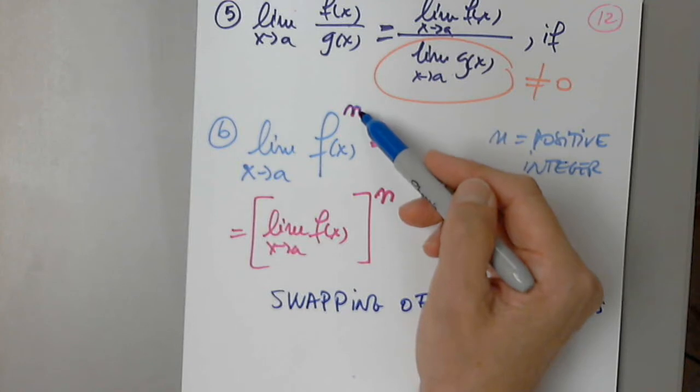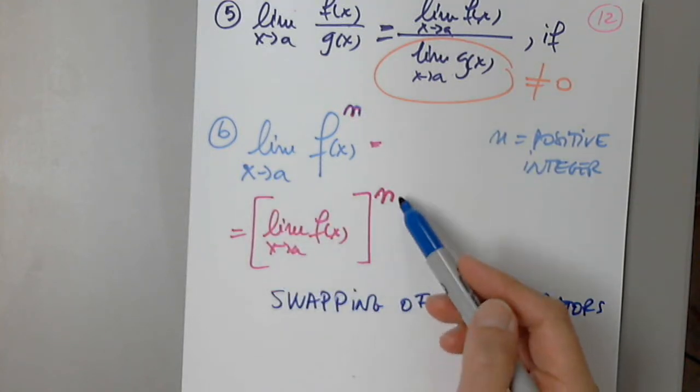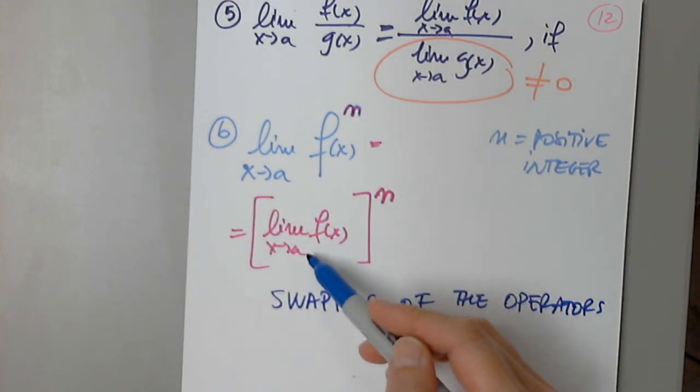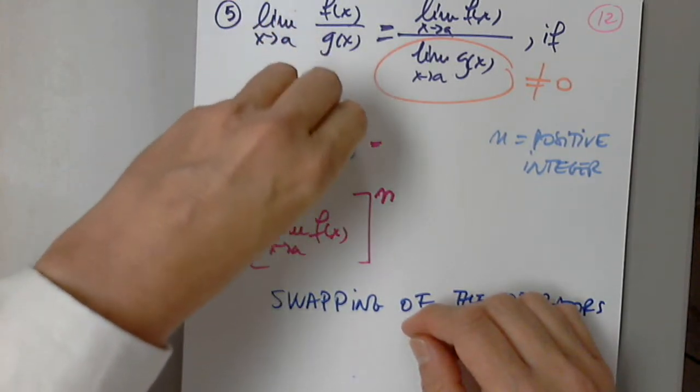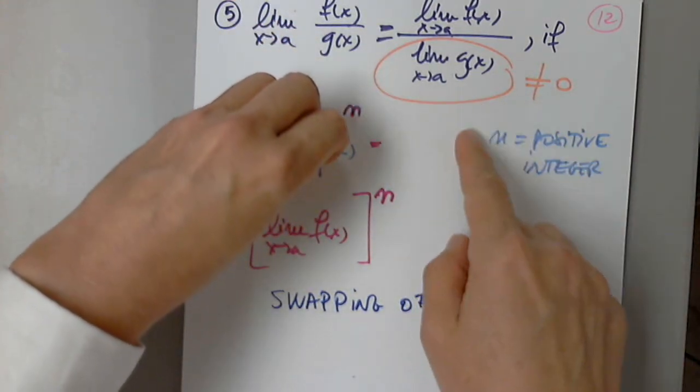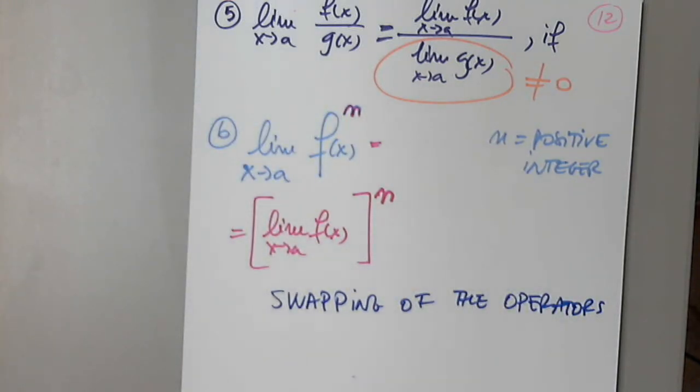The limit was outside of the function, and now it's applied inside. I put the limit inside and kept the n outside. That's the swapping of the operators, and we're going to use this several times.